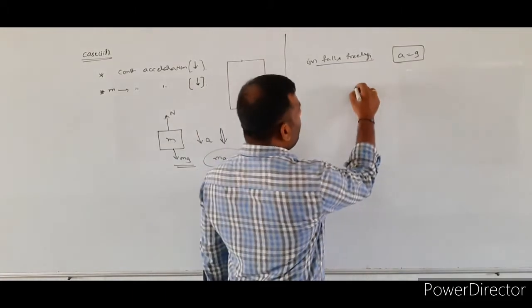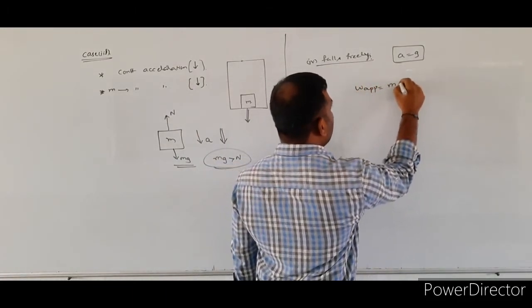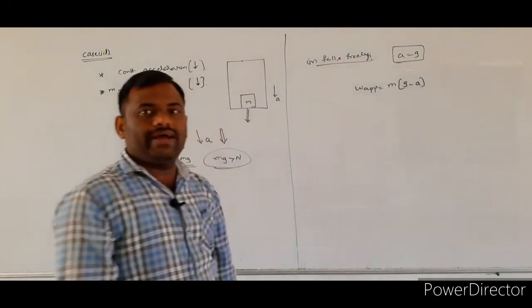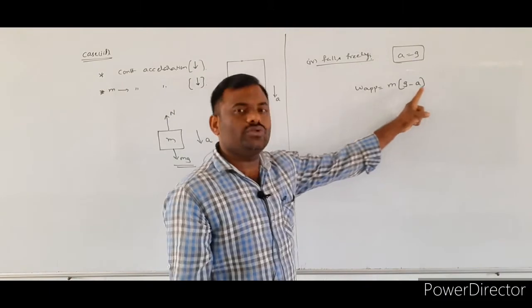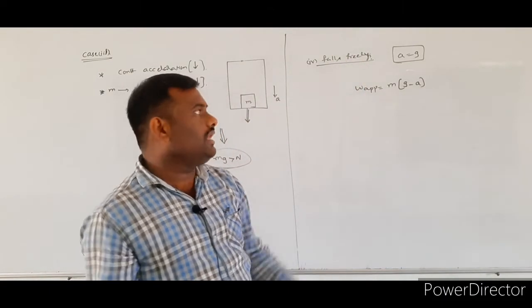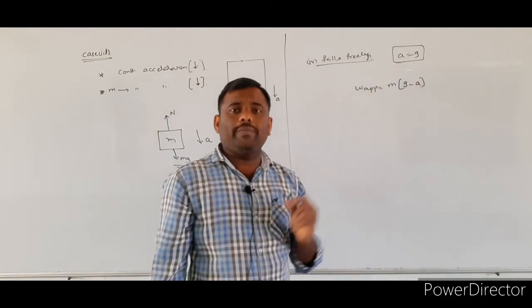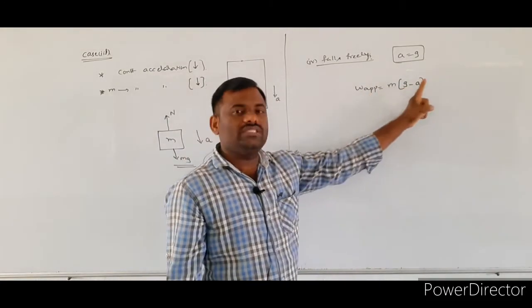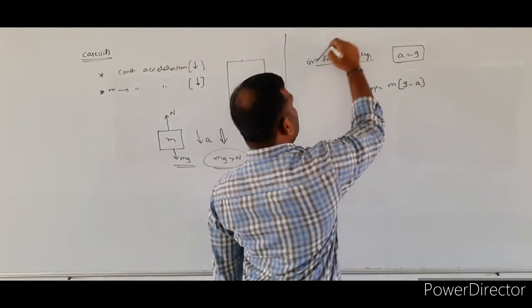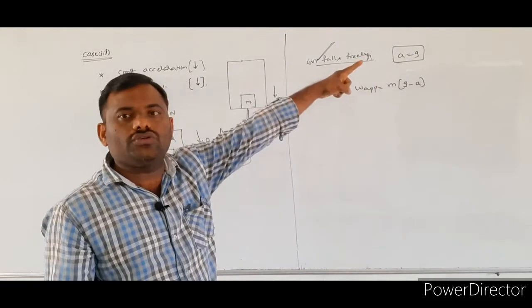Already we know that whenever the elevator will be moving in the downward direction with constant acceleration, you derived the formula W apparent is equal to m into (g minus a). So here we are assuming that the elevator will be falling freely, which means acceleration value is equal to small g.